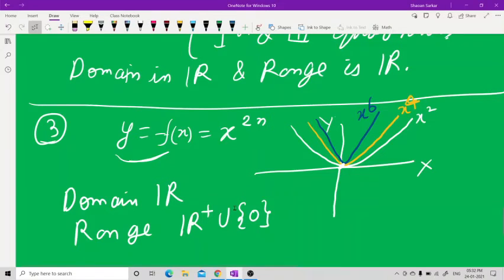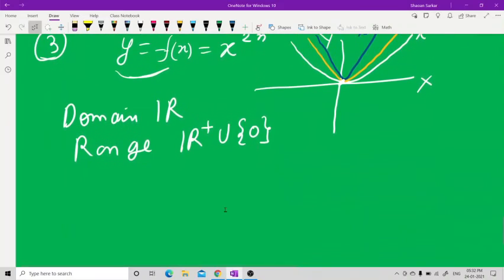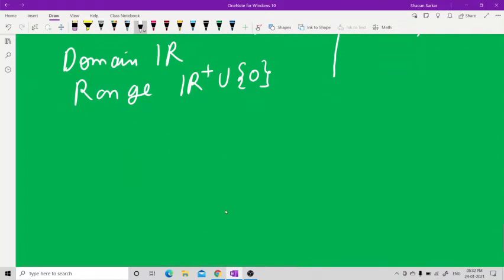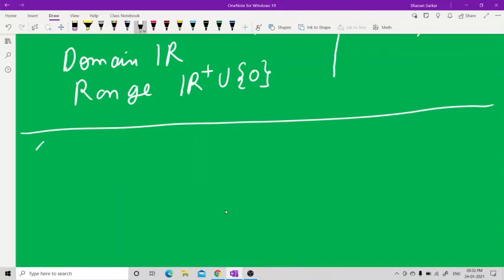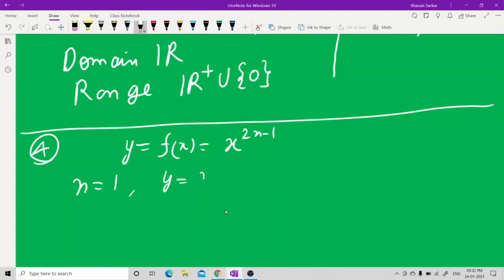Now let us see the fourth one. We have y equal to f of x equal to x to the power of 2n minus 1. When n is 1, that means y is equal to x.